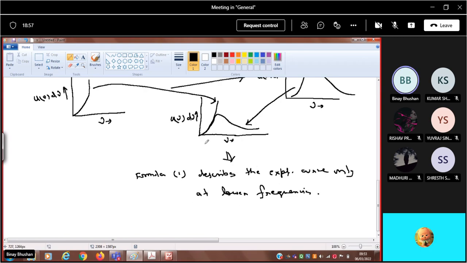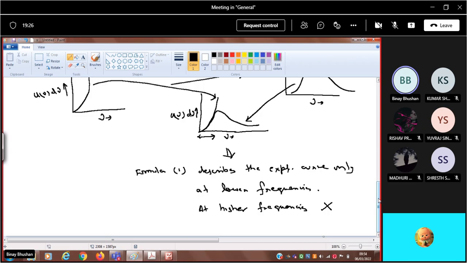This is lower frequency, this much. But for higher frequencies, it doesn't satisfy. At higher frequencies, it doesn't satisfy. Higher frequency means lower wavelength.